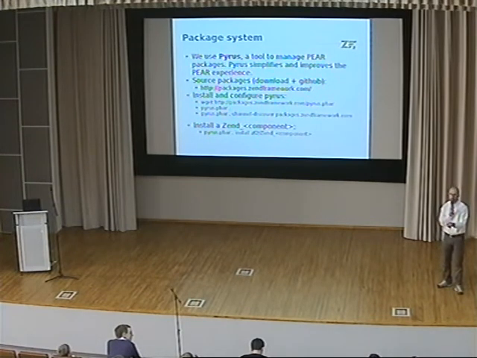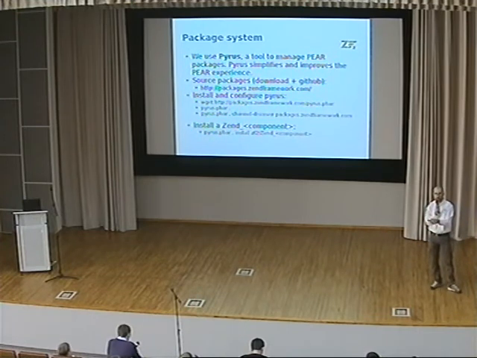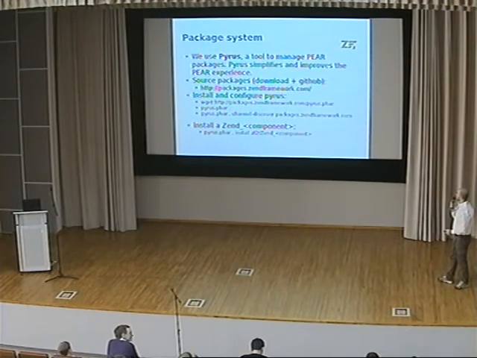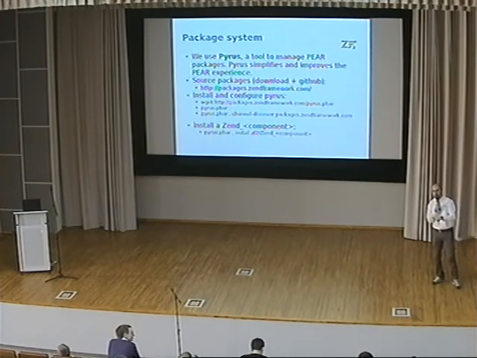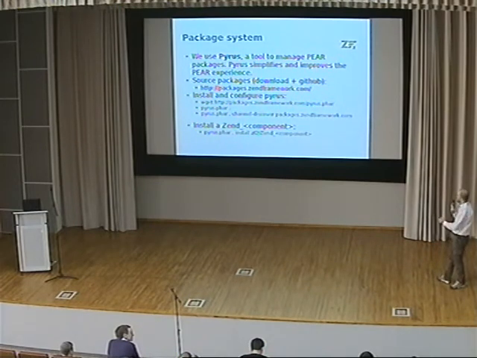For instance, if you want to install Zend MVC, it will use a lot of other classes, and Pyrus is able to manage these dependencies. So it's a nice way to install and create packages. And by the way, you can reuse this system to package and deploy your application. So it's not just for Zend Framework 2, but even for your project.